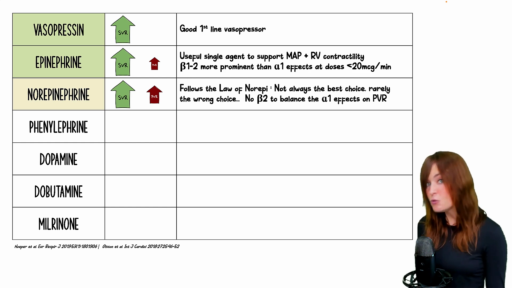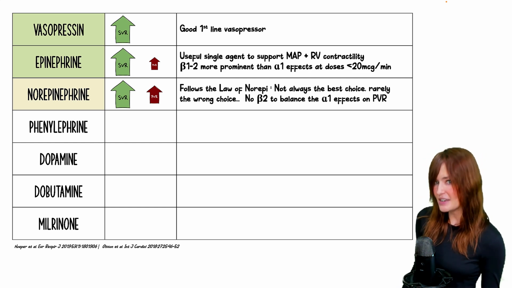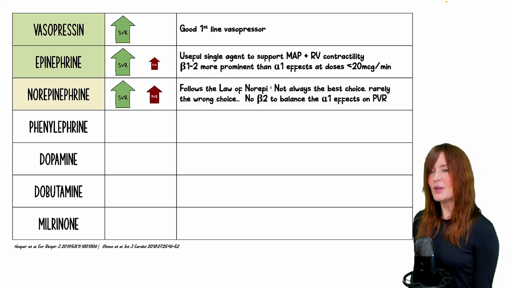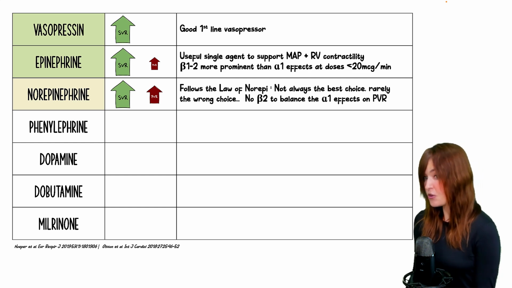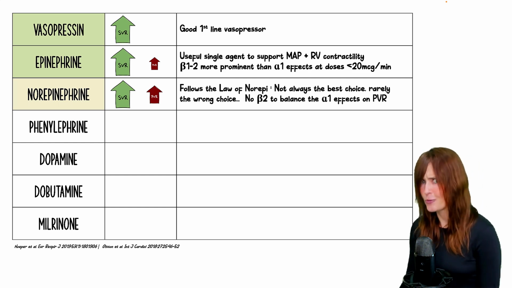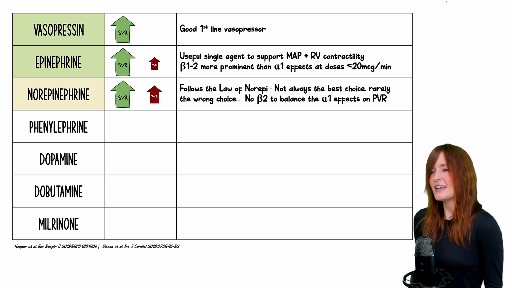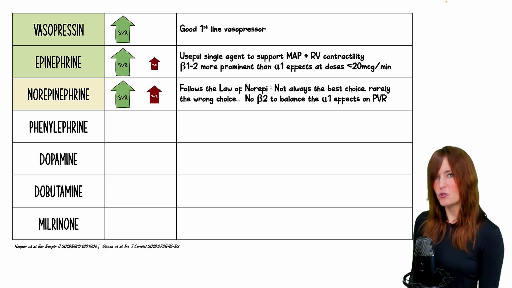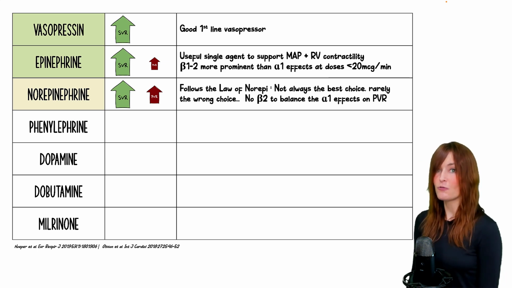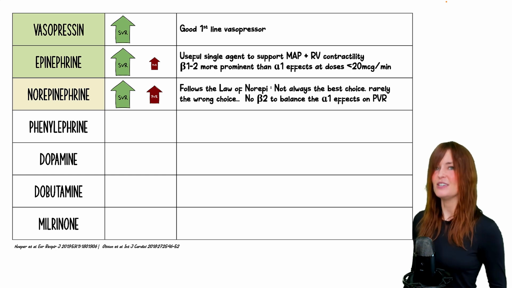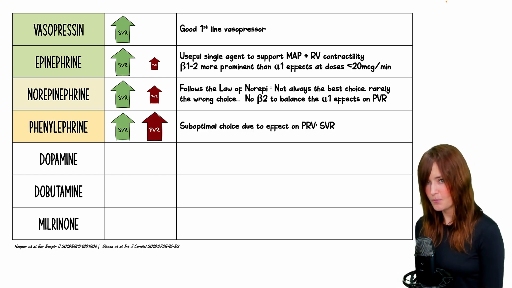Now keep in mind, as you go up and up on the dose, that becomes less true. So it's not my first choice, but would I start norepi over giving fluids? 100%. And often at first, you just need to give something. So norepi is, again, not my first choice. Epi is probably my first choice, maybe vaso, not a totally unreasonable thing to do, but often you find yourself needing to switch to something else.